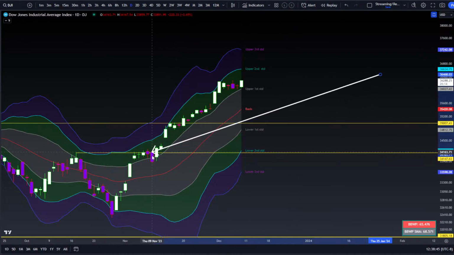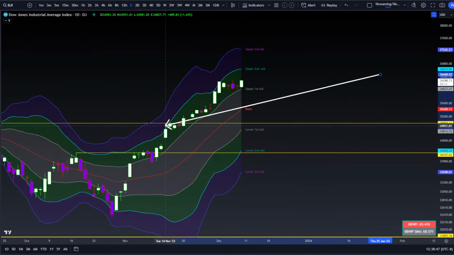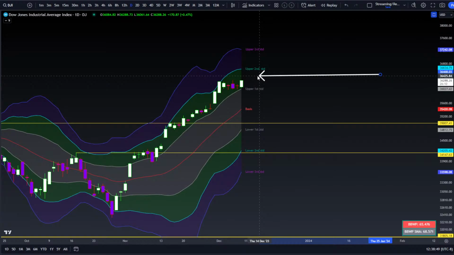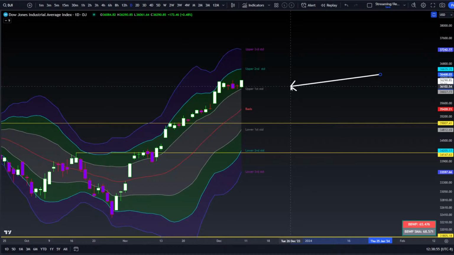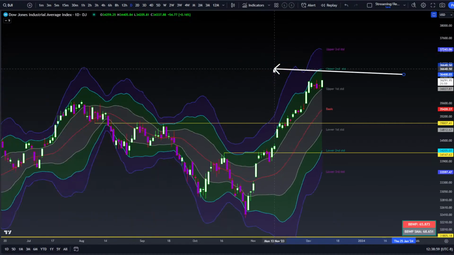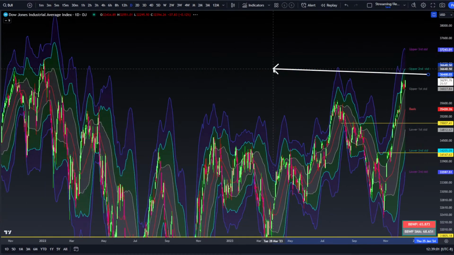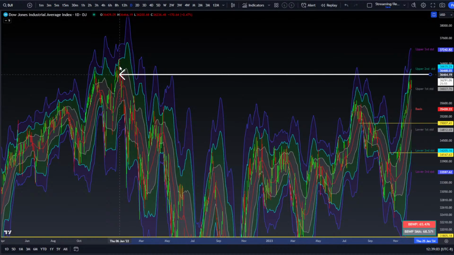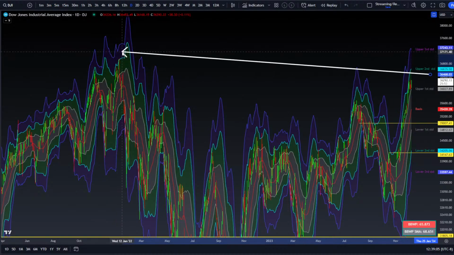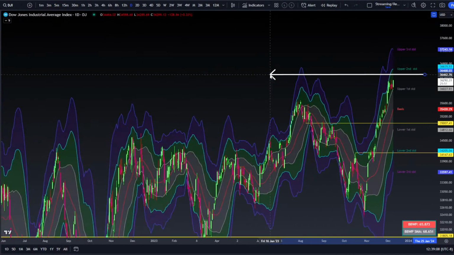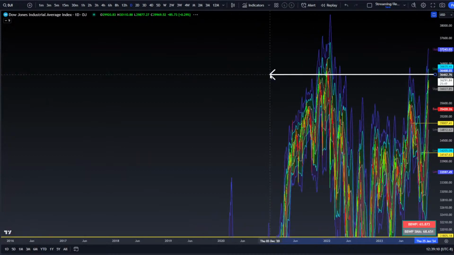Again, just upper first and upper second as a consolidation zone on the way up. Does keep that upper second available as a target at around 36,635, 36,7. And again, if we look left, that is right at the high before the all-time high.